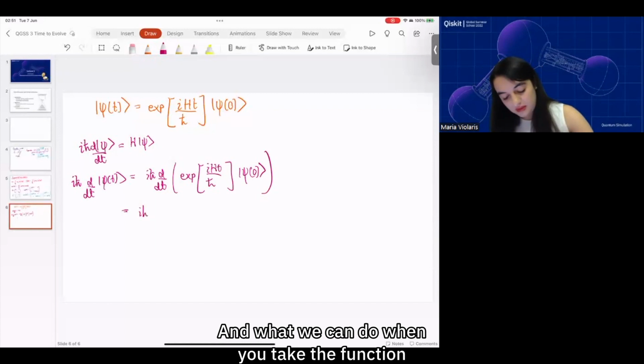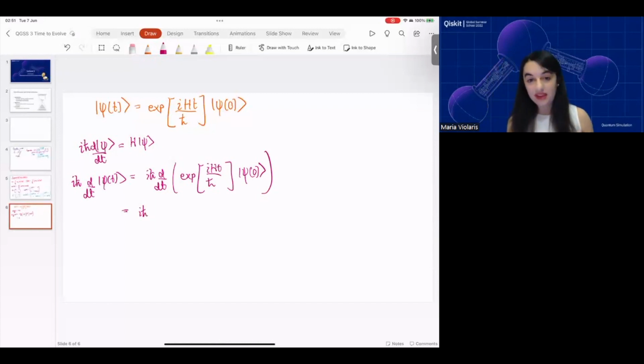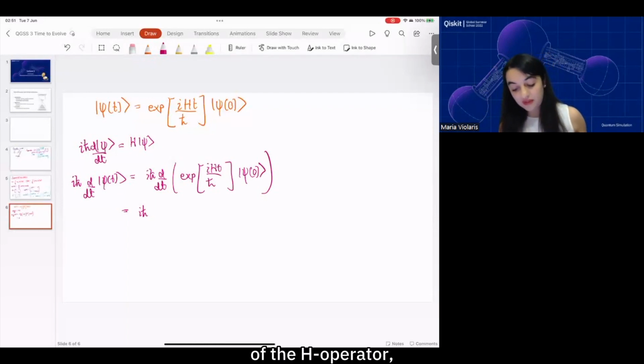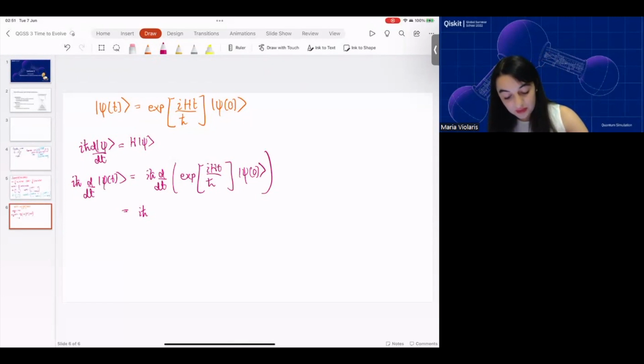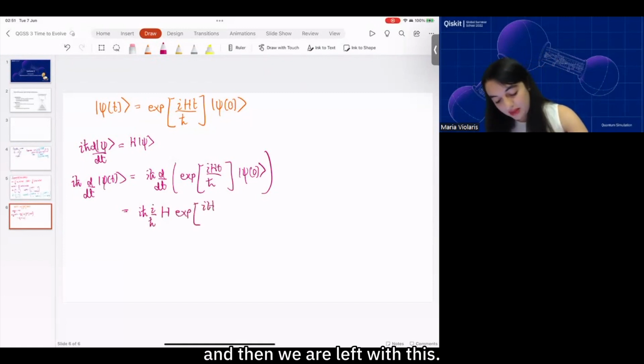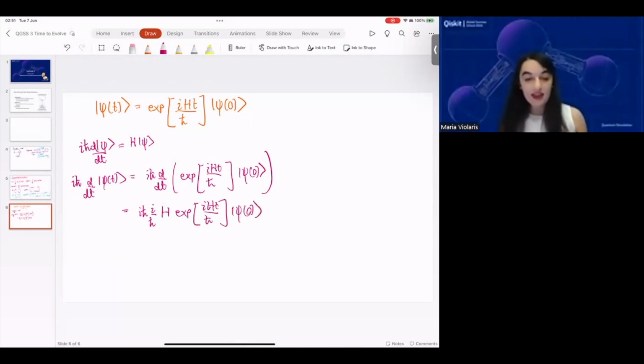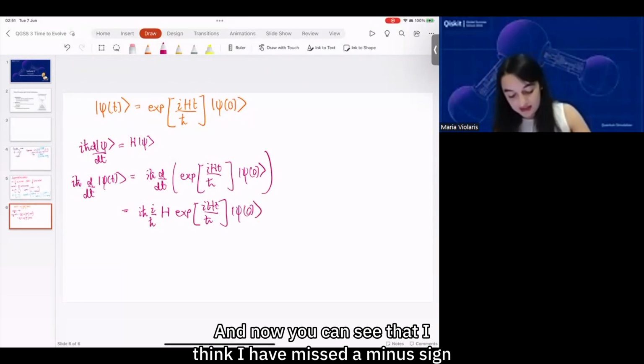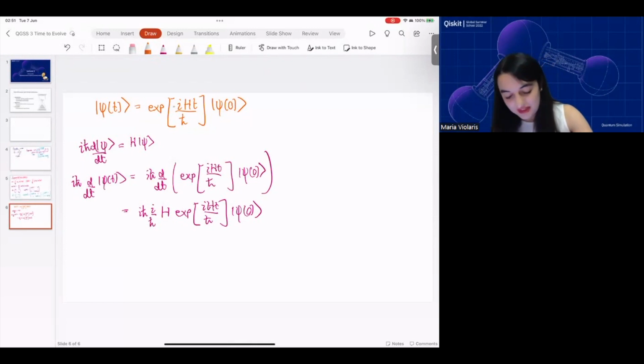And what we can do, when you take the function of the H operator, is do the differentiation by bringing it out of the exponential, and then we are left with this. And now you can see that I think I have missed a minus sign.